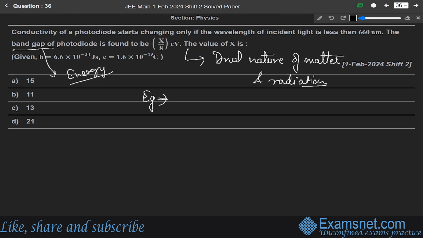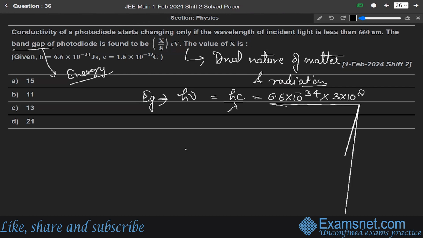So this band gap Eg will be equal to, since energy is h nu, hc over lambda. Here h is Planck's constant, its value is 6.6 into 10 to the power minus 34 joule second. c is the speed of light, 3 into 10 to the power 8, and lambda, the wavelength, is given as 660 nanometer, so we write 660 into 10 to the power minus 9 meter.